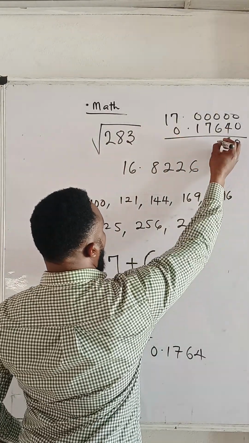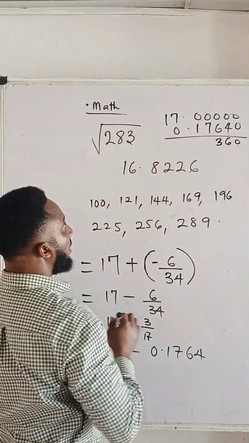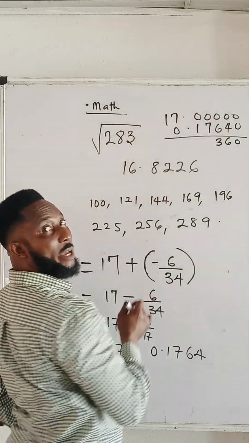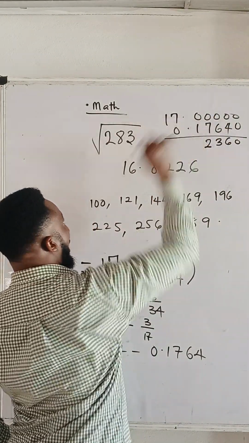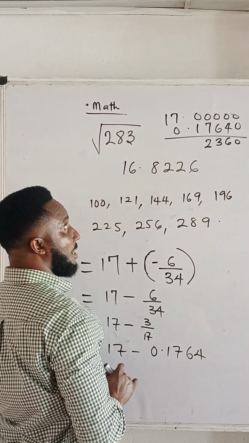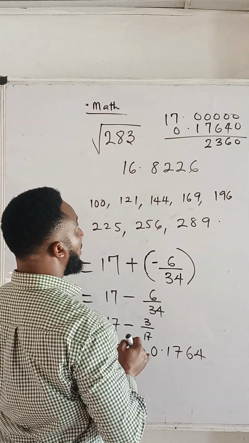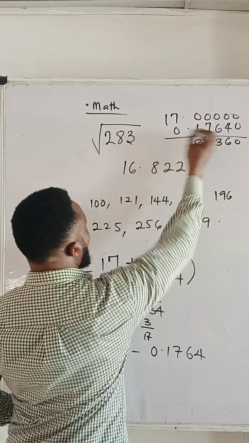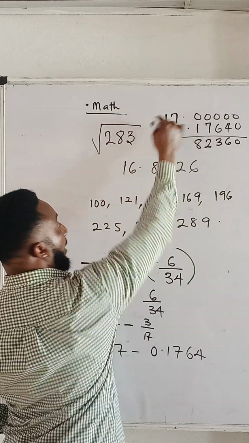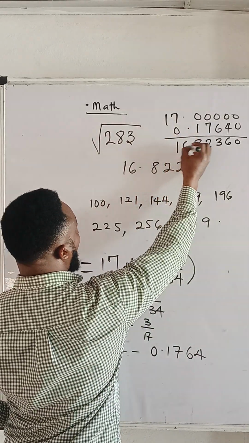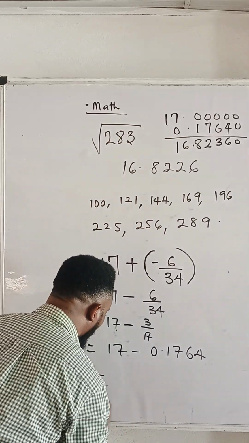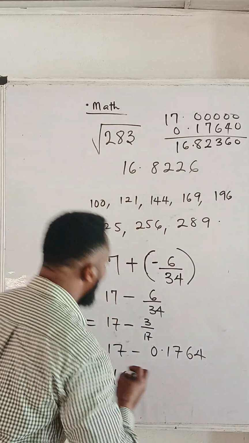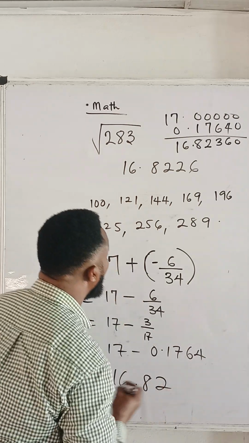Here, 9 is remaining, I'll be having 3. Here, 9 is remaining as well, I'll be having 2. Here, 9 is remaining as well because I've carried from there as well. I shall be having 8. I've already carried from here. I'm left with 16.8236.